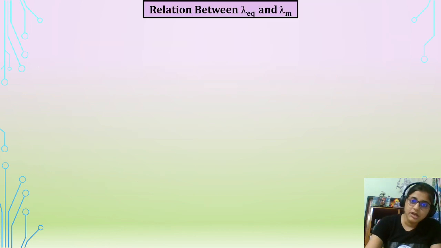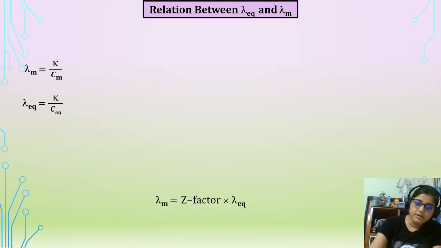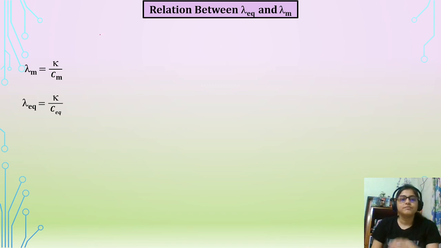Now, the relation between lambda equivalent and lambda molar. So we know if we take the equivalent weights, I have told you when I was introducing normality, right? So we know that this is kappa by, this is the molar concentration.